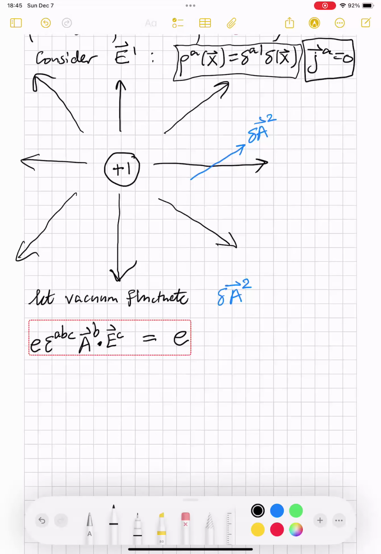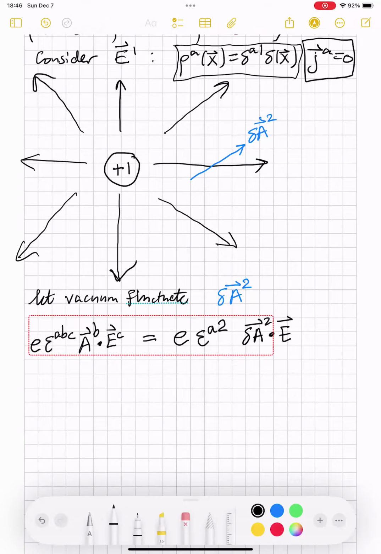B is summed over, but the only gauge boson that's non-zero is the 2. So I'll have an A, then a 2, so I've got delta A2 sitting here, and then this is dotted into the electric field, but the only non-zero electric field is the E1. So I'll have a 1 sitting here.